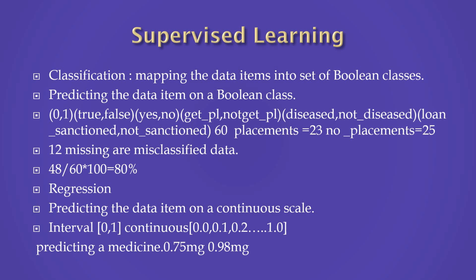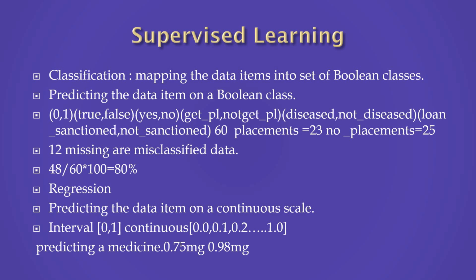Those are yes or no, 0 or 1, true or false, getting a personal loan or not getting a personal loan, deceased or not deceased, loan sanctioned or not sanctioned, getting the placement or not getting the placement, etc. Like that, you are mapping the entire data items into any one of these two respective classes. So this is called supervised learning.